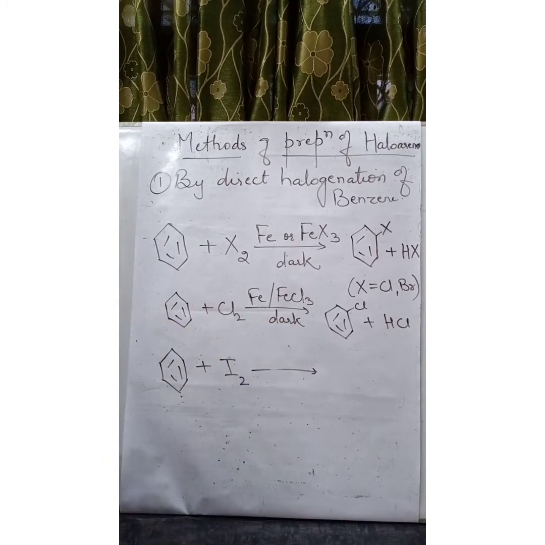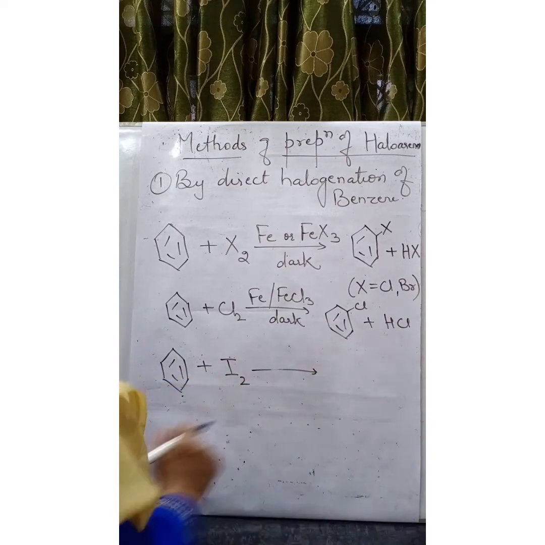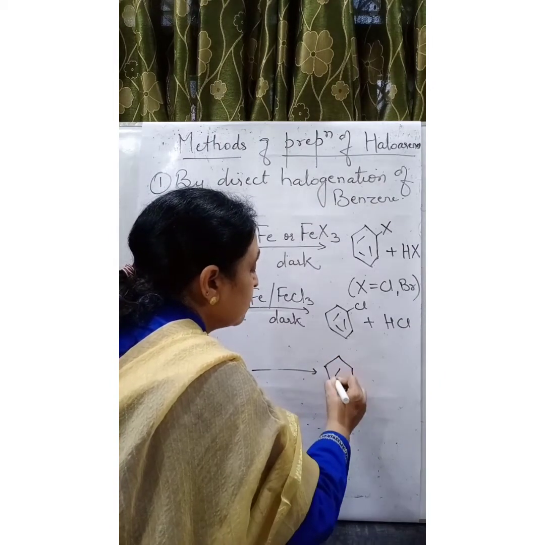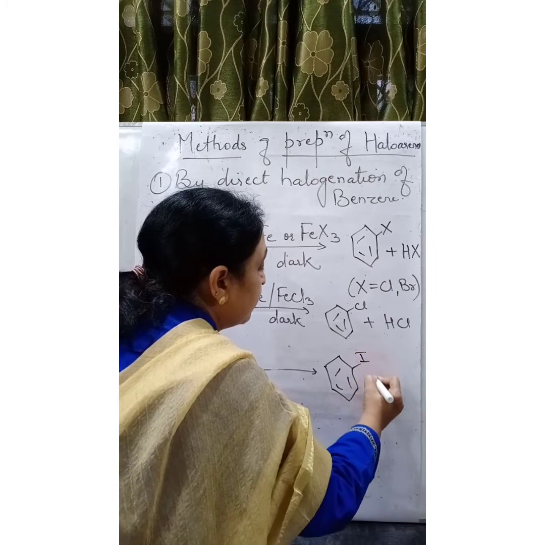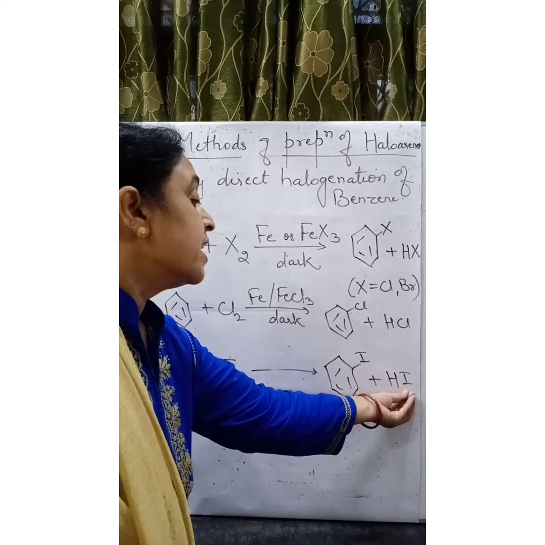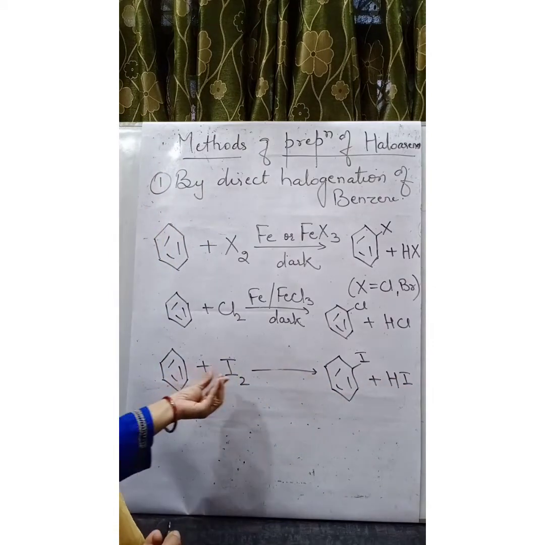Now here, if we carry out direct iodination of benzene, this reaction is basically a reversible reaction. One of the hydrogens gets substituted by iodine and forms HI. This HI immediately reacts with iodobenzene to give back benzene and iodine.